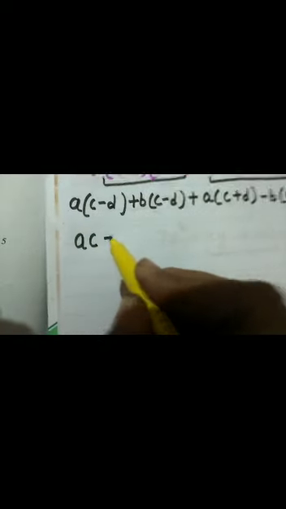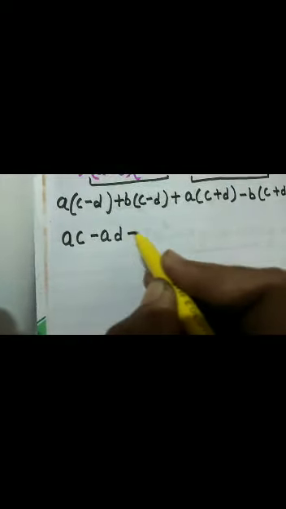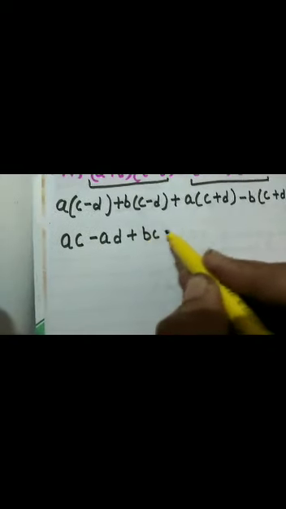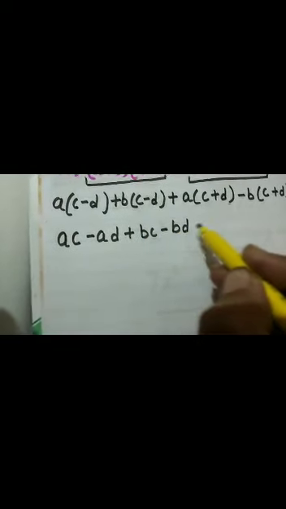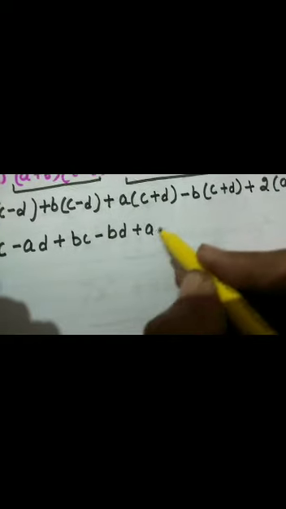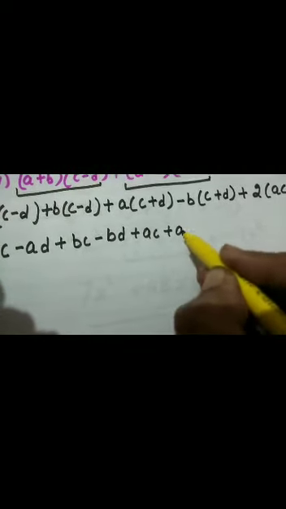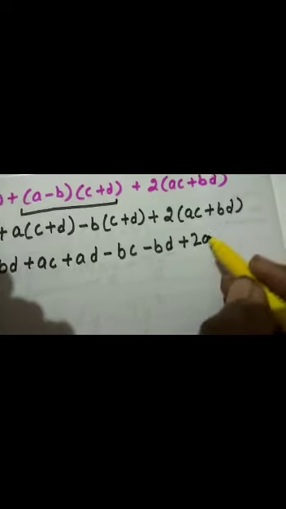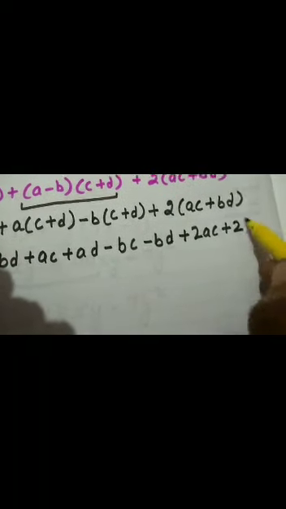Now this will be ac minus ad plus bc minus bd plus ac plus ad minus bc minus bd plus double of ac plus double bd.